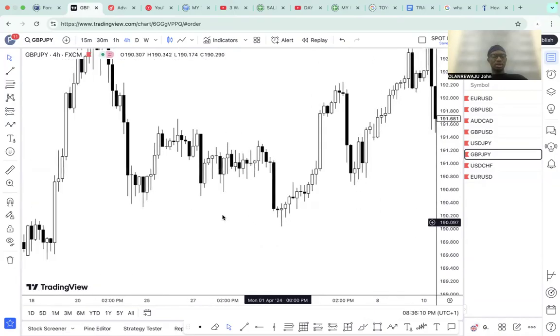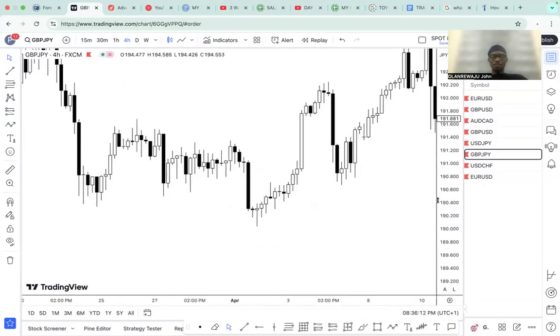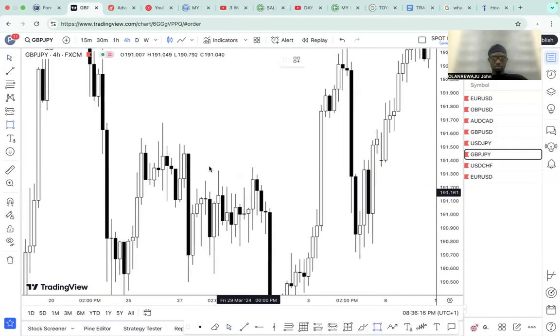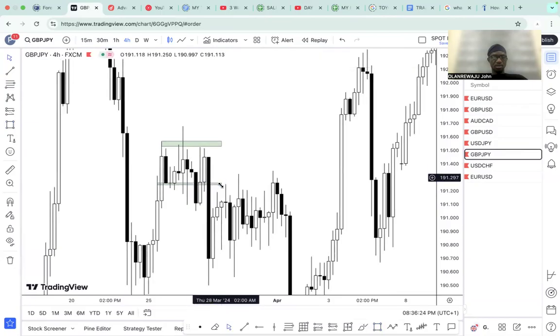Let us look at another one here. Can you see this region here, and then this region here? This is actually a consolidation market, the one inside this place.